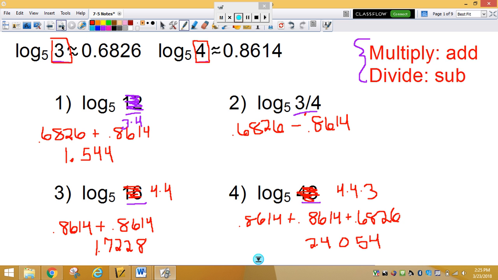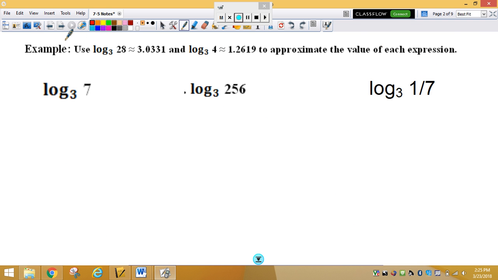I got another example like this to show you, kind of help you. This time, the numbers that I'm going to use are 28 and 4. So using a 28 and a 4, I need to figure out how to get to 7. Well, I'm not going to multiply. And if you know your math skills, you'll know that 28 divided by 4 is 7. 7 is really 28 divided by 4.